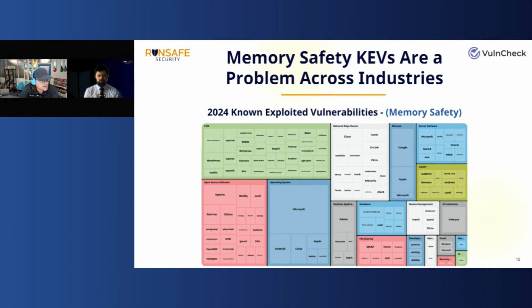And I think a lot of the things that we're going to talk about, hardware, embedded systems, network edge devices, like you can see software from every category being impacted by memory safety vulnerabilities, as well. But typically these are applications, embedded devices, and things that are being used for critical infrastructure across the board. So device management, hardware devices, ICS/OT devices, network edge devices.